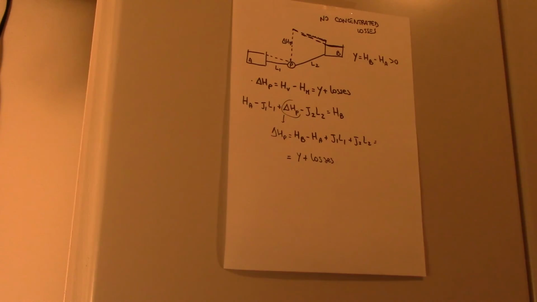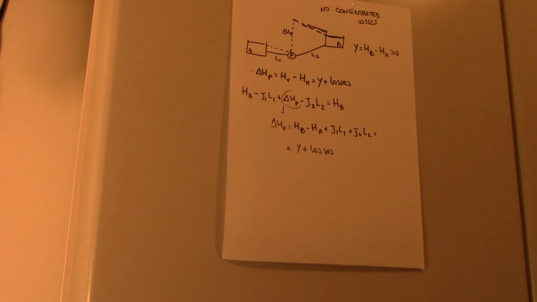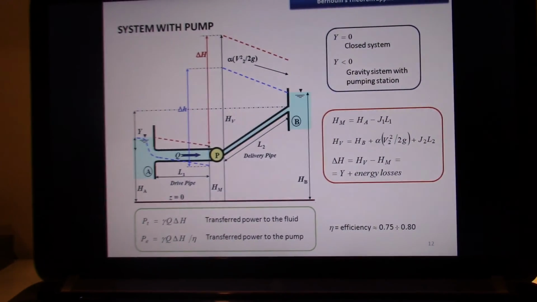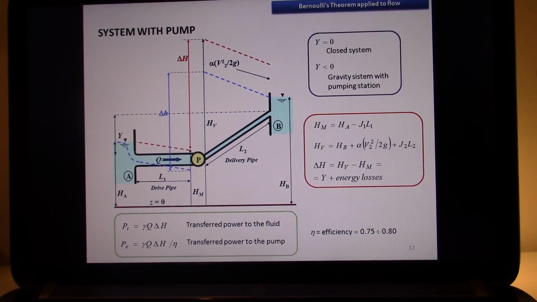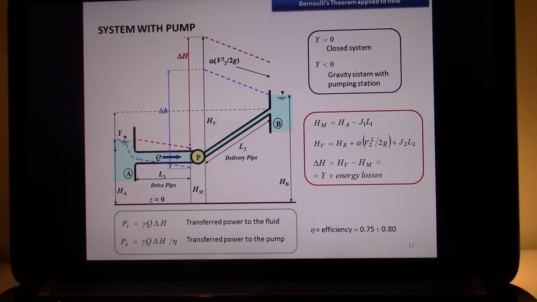So basically what I would like to say to you is that when you consider a pump or a turbine, you are considering something that is increasing or taking a part of your energy. But that amount of energy must be positive.